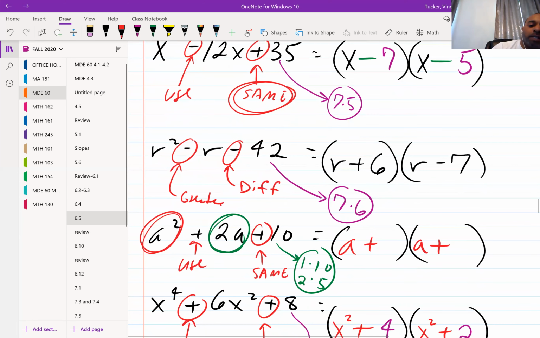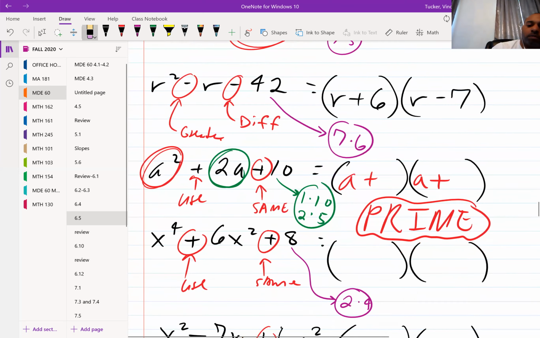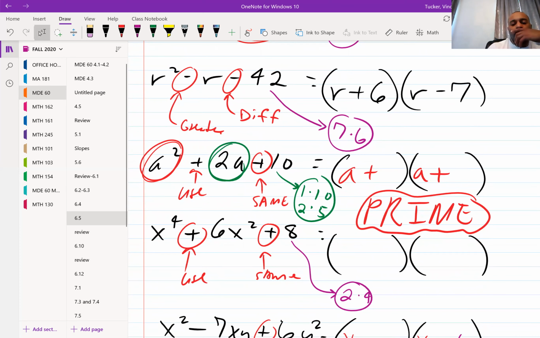Whenever a situation like that comes into play, as I mentioned before, whenever you cannot factor anything, the answer is prime. Questions on that last one? There's no way for you to factor that down into two sets of binomials.